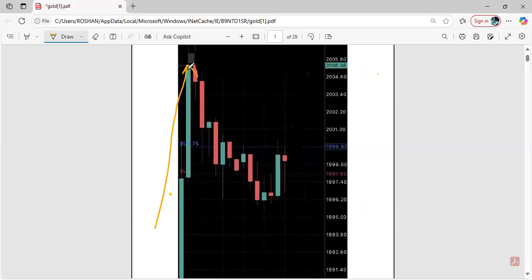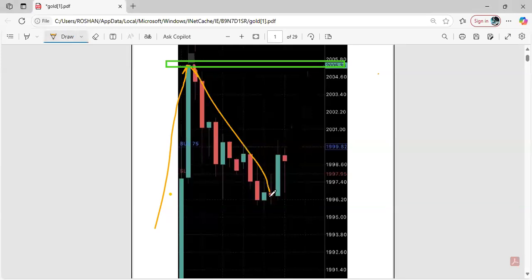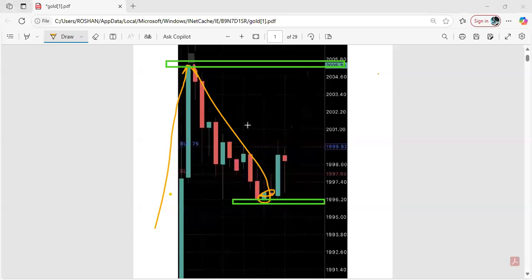All right, so if you look here, it has created the resistance at this point, and then the price dropped down and created a new support at this point. All right, so this new support has been formed at this point, and also there is a resistance at this point.